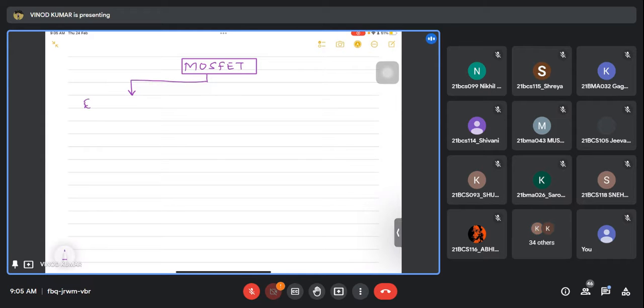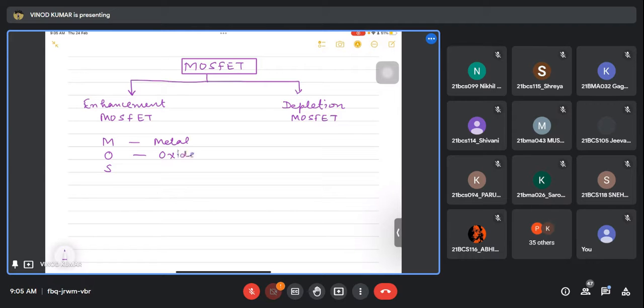One is enhancement MOSFET, and another one is depletion MOSFET. MOSFET is nothing but metal oxide semiconductor.